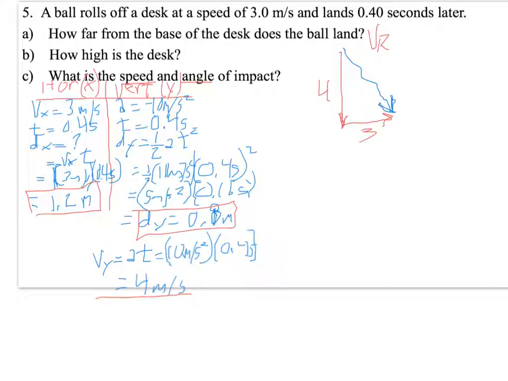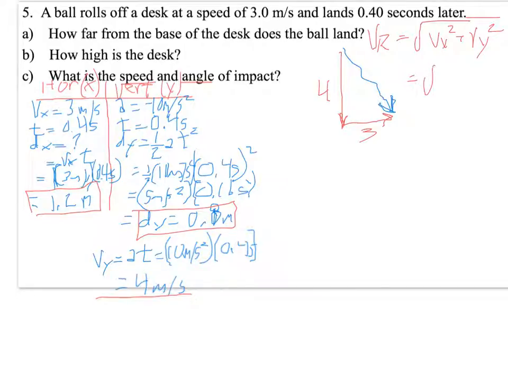and that direction we can solve for because we know for a right triangle we can use the Pythagorean Theorem. We know that the square root of Vx squared plus Vy squared is equal to the resultant velocity.